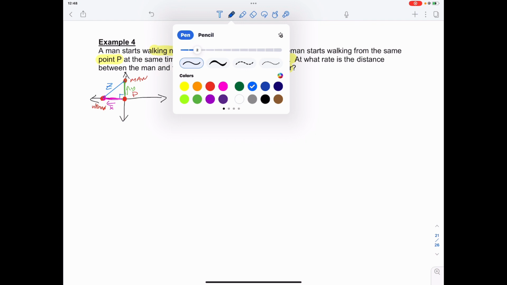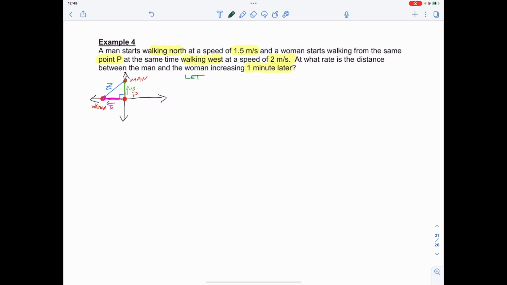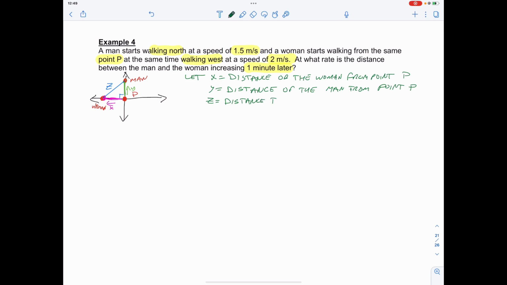So when we define our variables, we're going to say let x equal the distance of the woman from point P. We're going to let y equal the distance of the man from point P. We're going to let Z represent the distance between the man and woman.